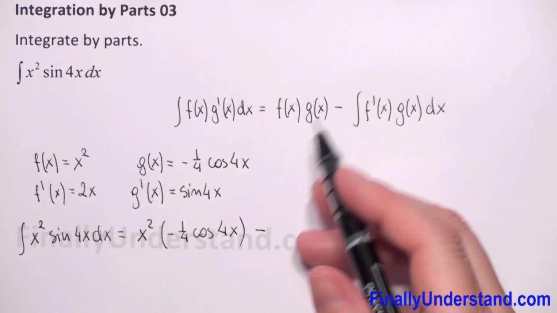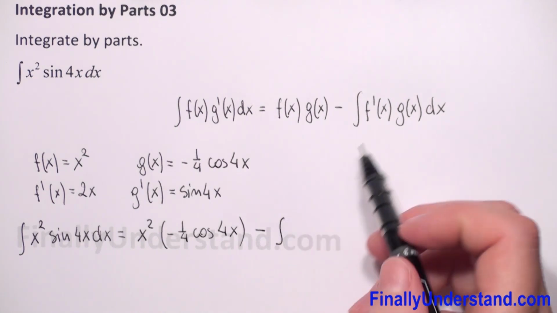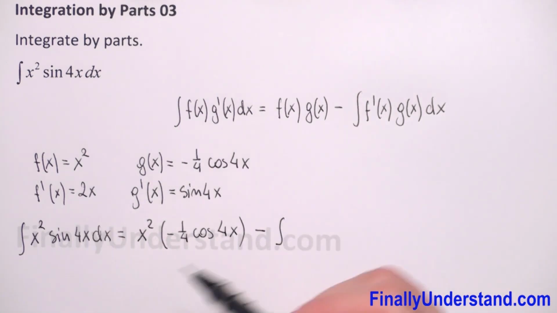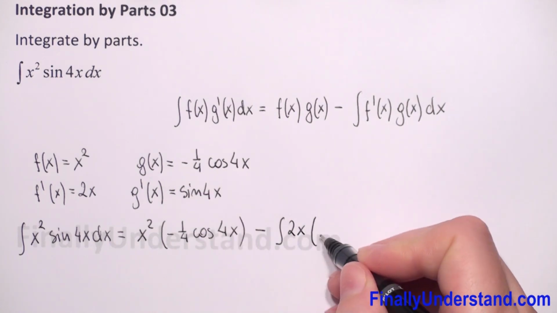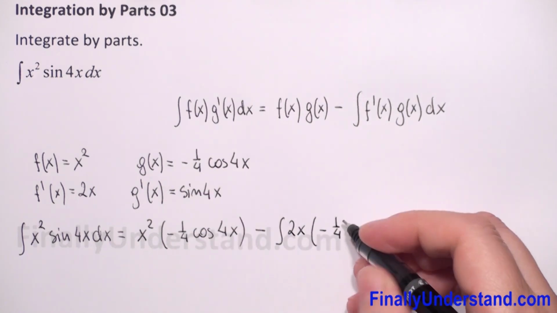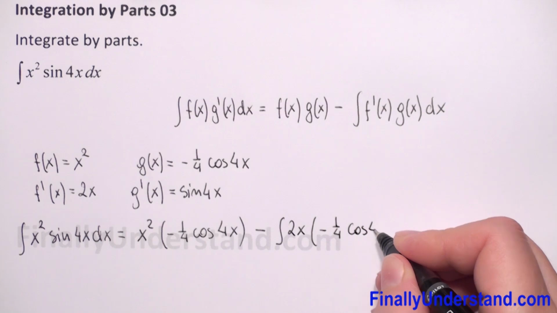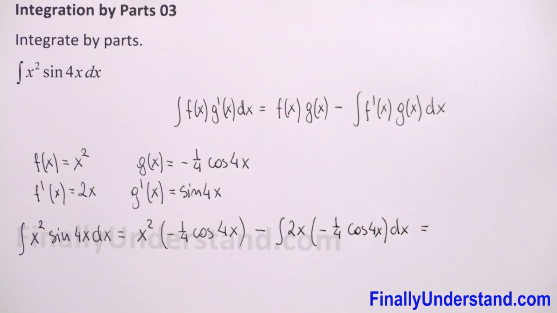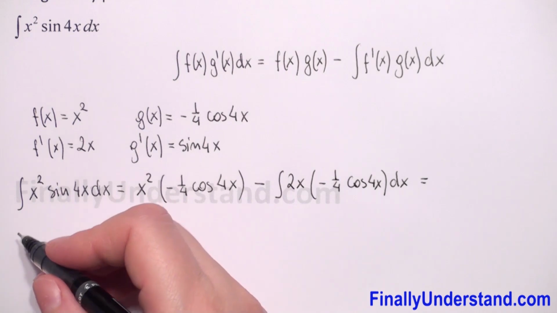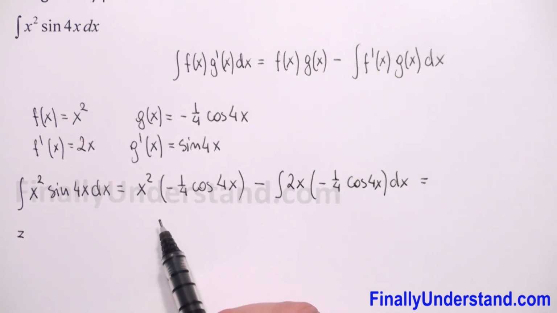Next, we have a negative sign and we have the integral of f prime, which is 2x, times g, which is negative 1 over 4 cosine of 4x, with respect to x.